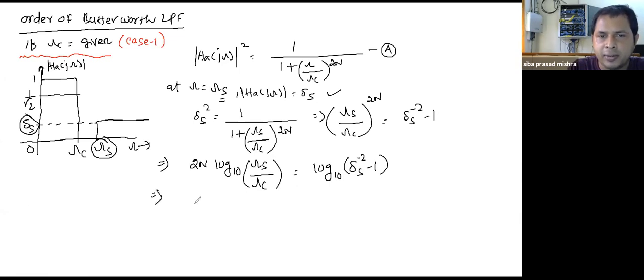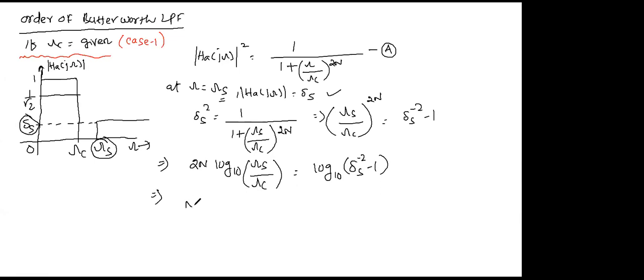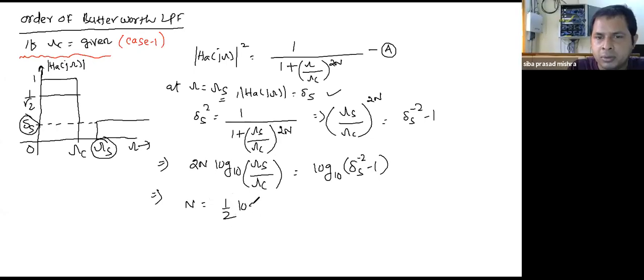Then we can simply write n equals 1 by 2 times log10 of (delta_s to the power minus 2, minus 1) divided by log10 of omega_s by omega_c.